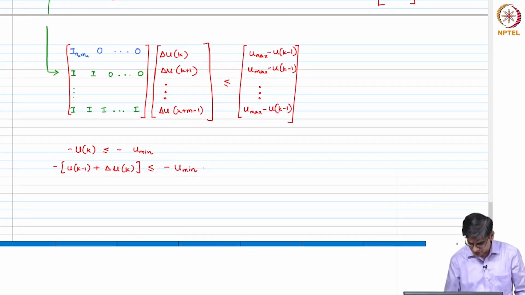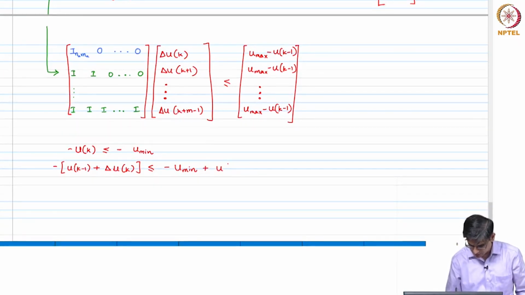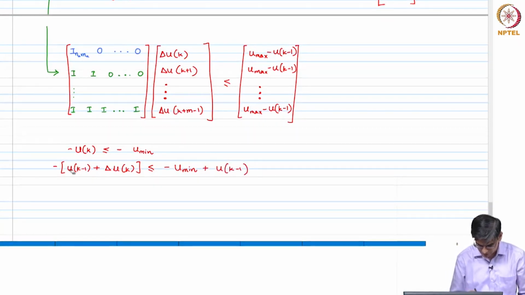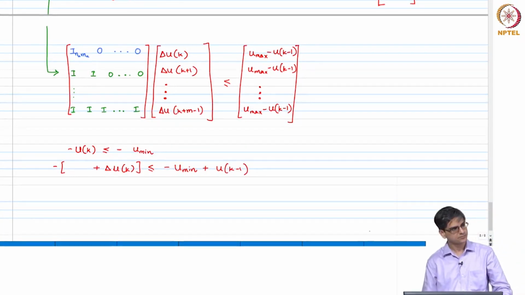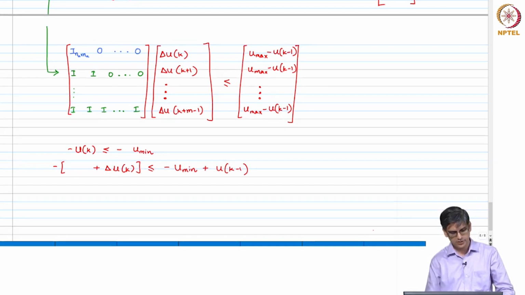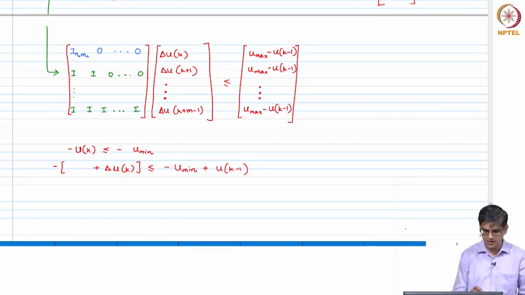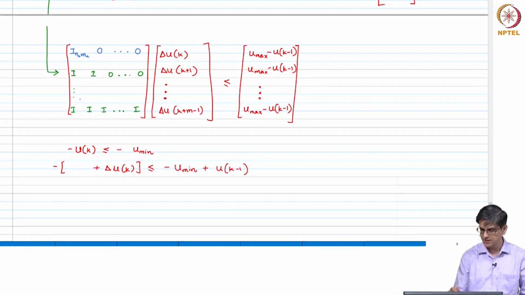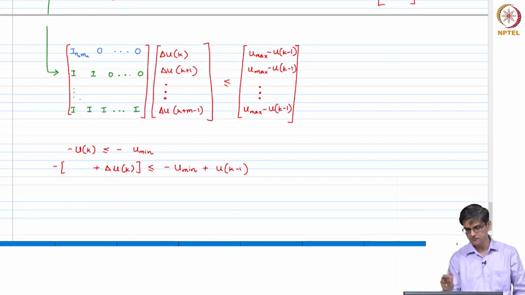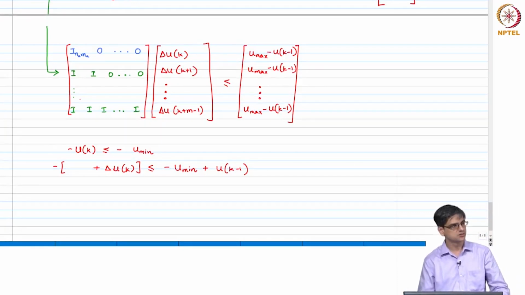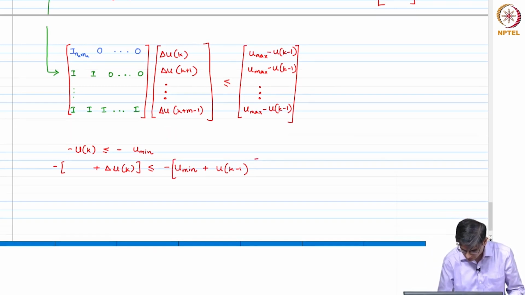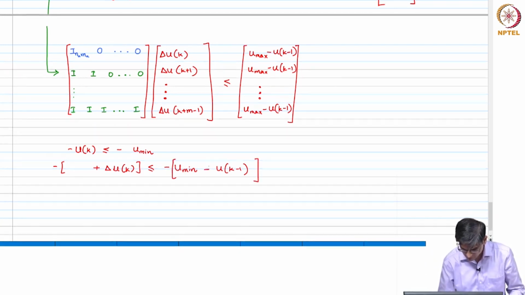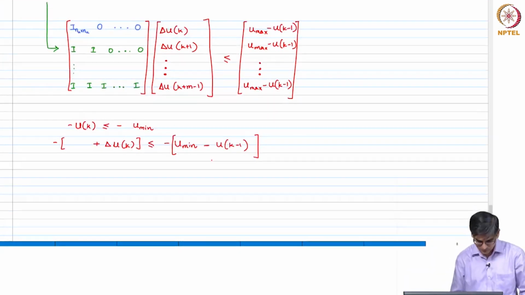So, minus u min plus uk minus 1 is less than delta uk. So, what you are going to have is just negative of this guy less than or equal to negative of delta u min minus uk minus 1. So, this can be written as delta u min minus uk minus 1.